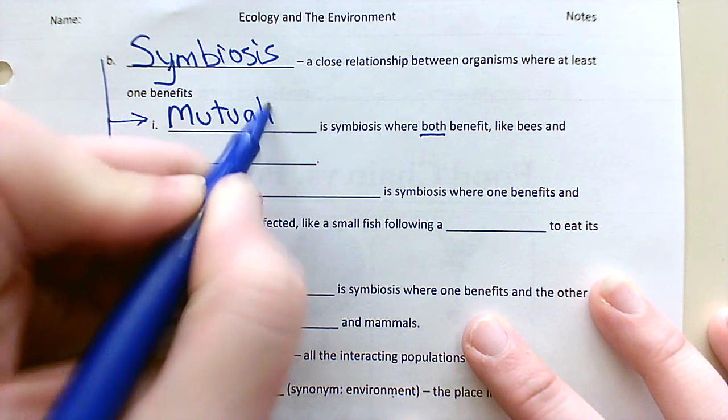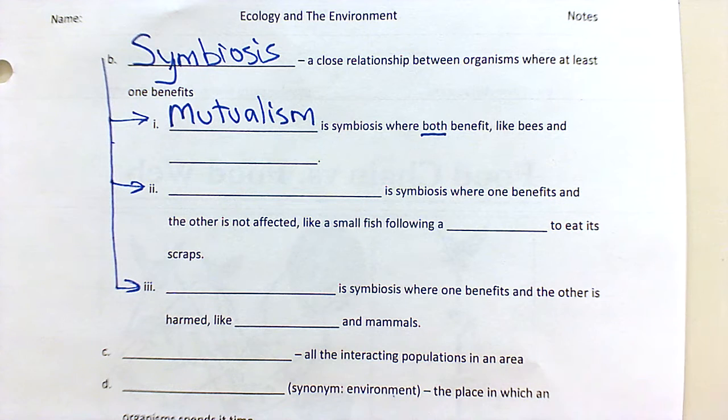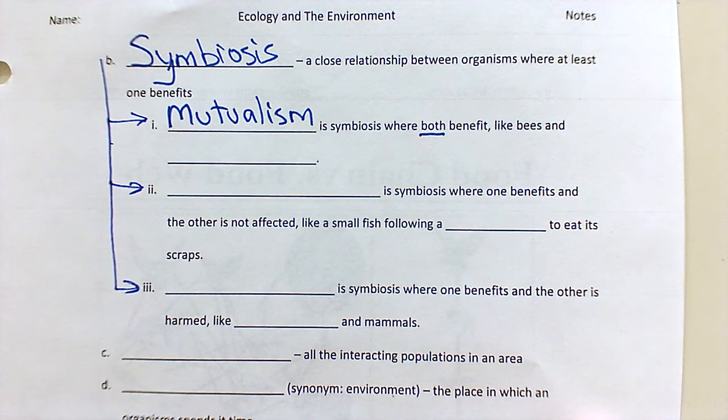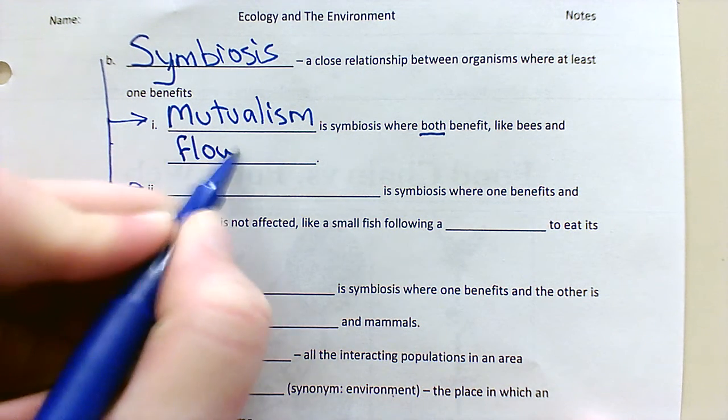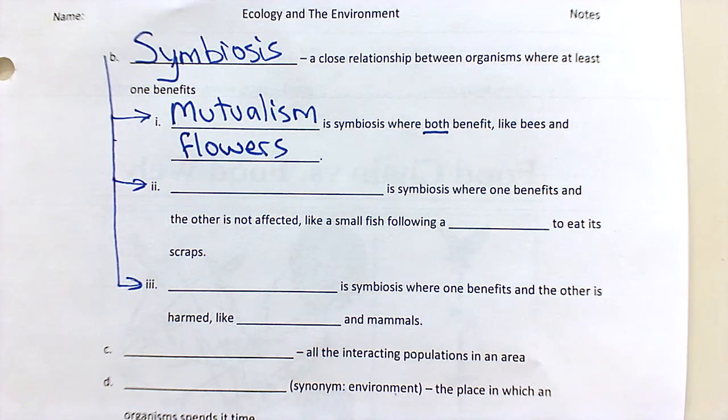A classic example of mutualism is bees and flowers. Everybody benefits. The bees get food, the bees get raw materials to build their hive, flowers get cross-pollinated so they can mix up their genes and be more successful long term.